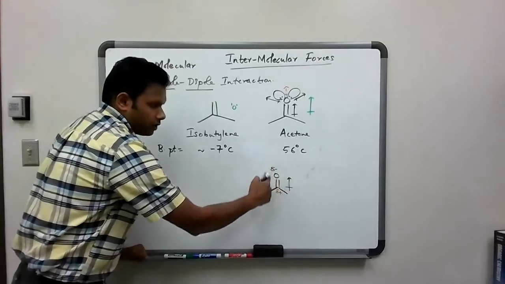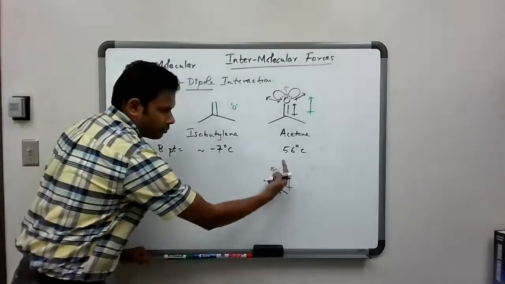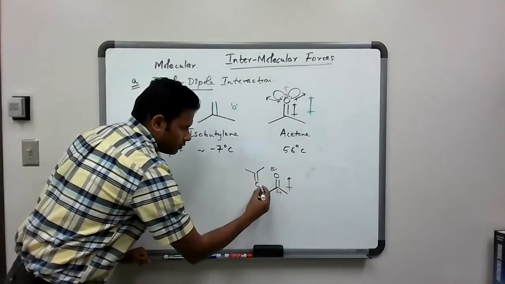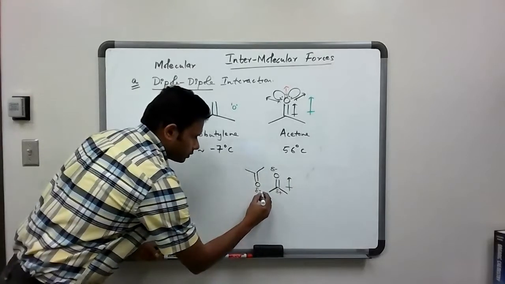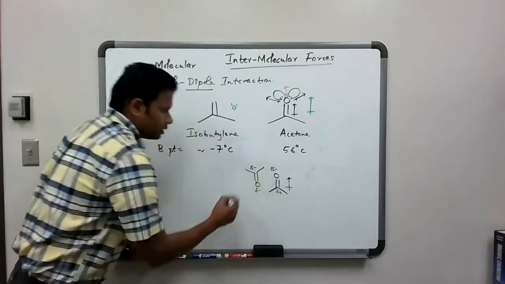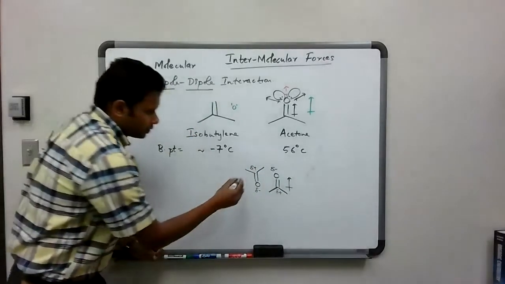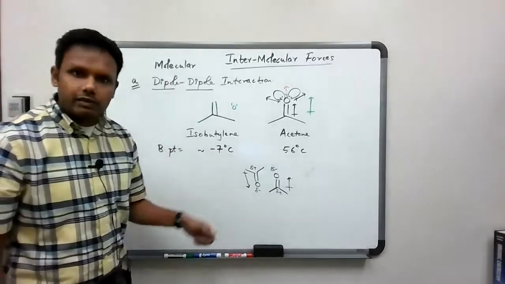If one of the acetone molecules is oriented like this in space with the dipole pointing up, the other acetone molecule will orient in the opposite direction. So you'll have del minus here and del plus over there, partial positive over there. So that the overall dipole is now like that, pointing down.